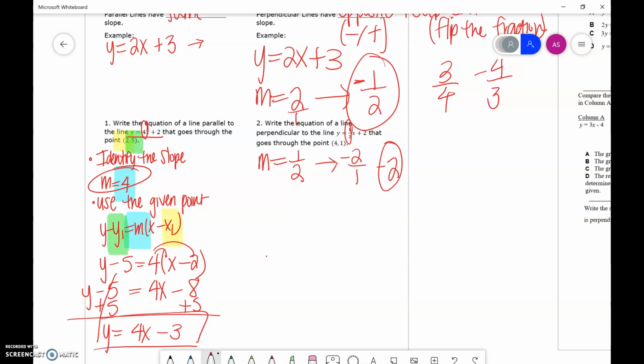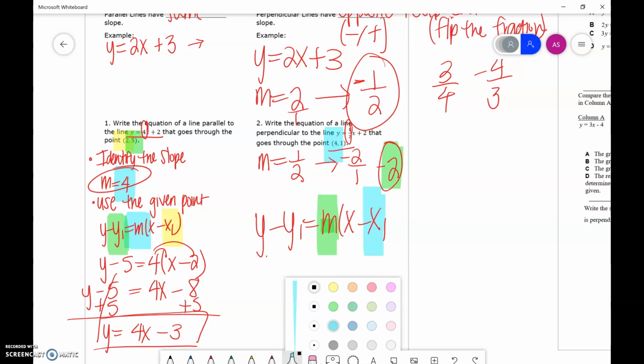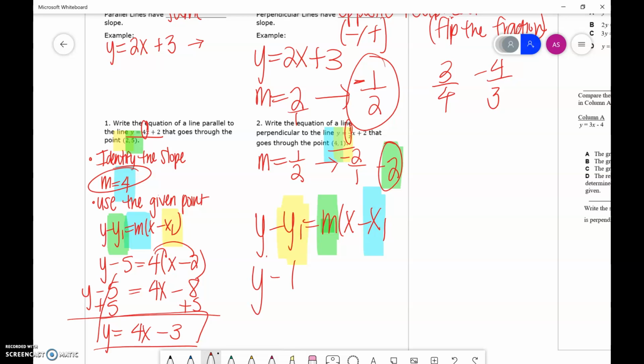Okay, so then I'm going to still use that same given point. So I have y minus y1 equals m times x minus x1. I'm going to plug in each part where it goes. So I'm going to have y minus 1 equals -2 times x minus 4.